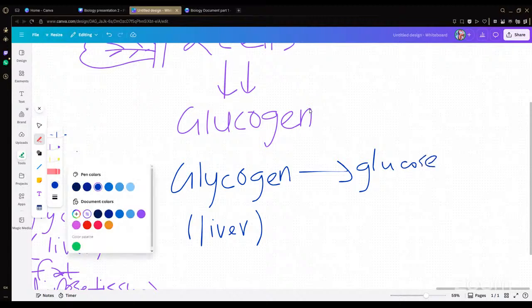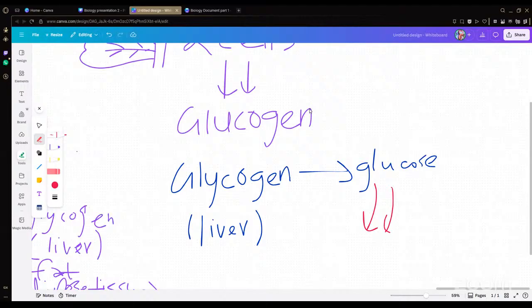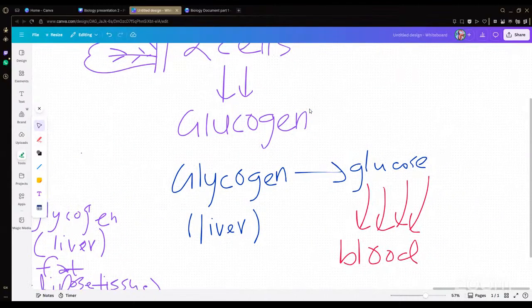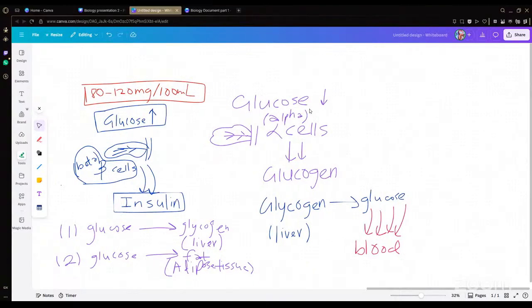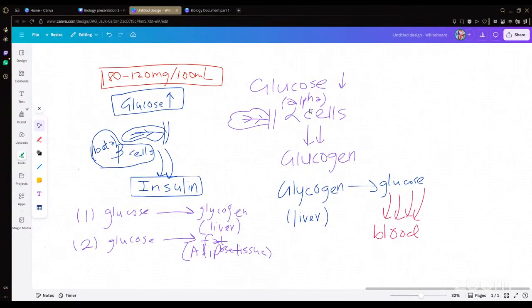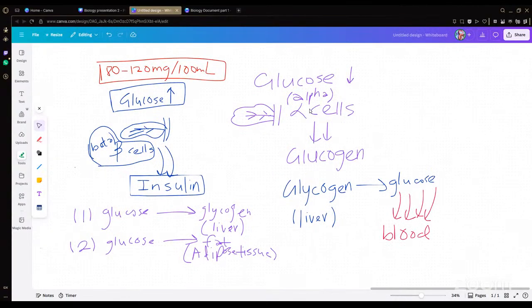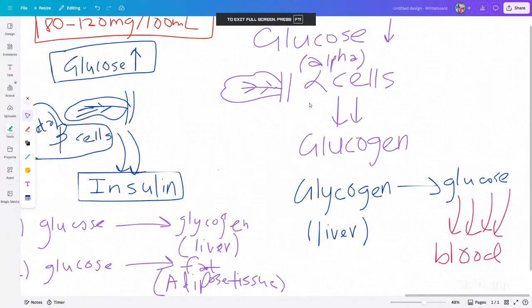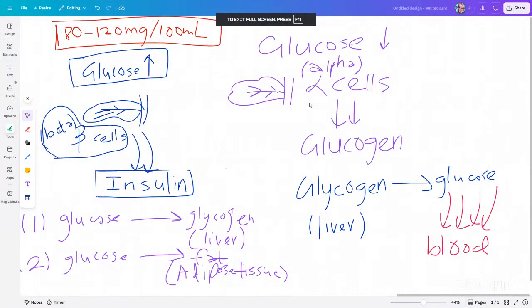And this glucose is going to be released into the blood. Okay, right. So that's the idea. That's how the blood sugar level is going to be maintained.